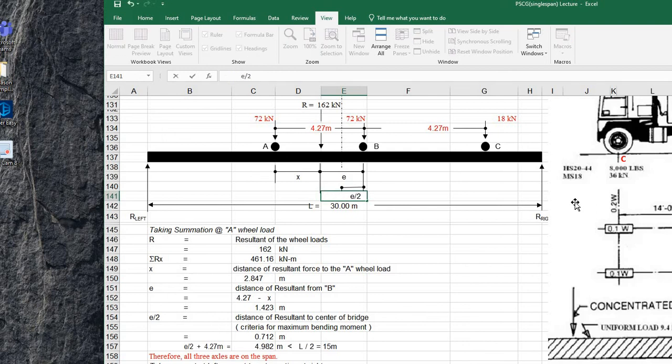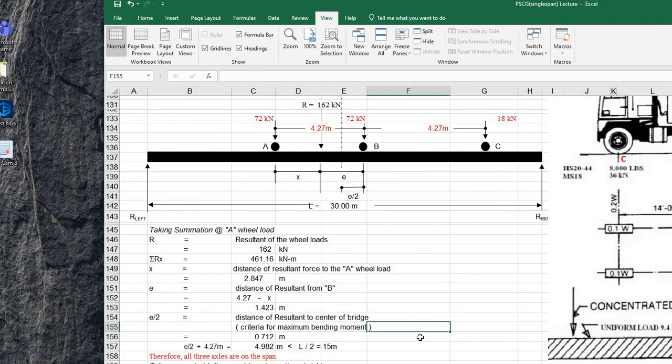So this distance, E over 2 plus 4.27, should be less than L over 2.